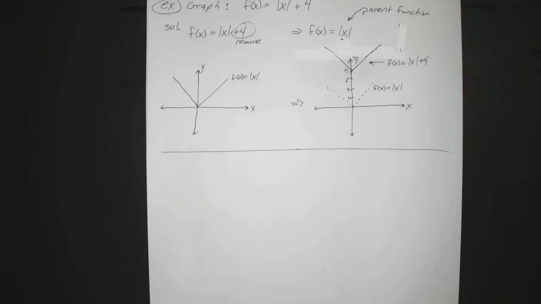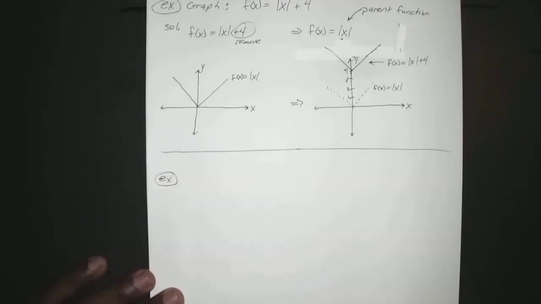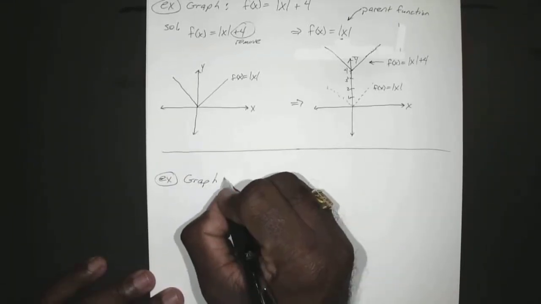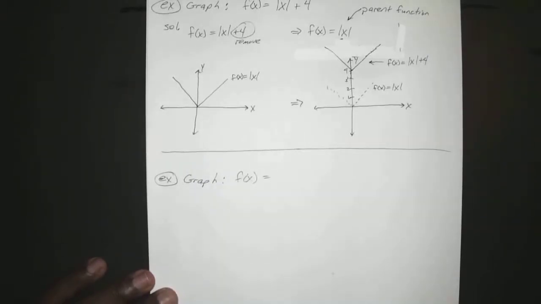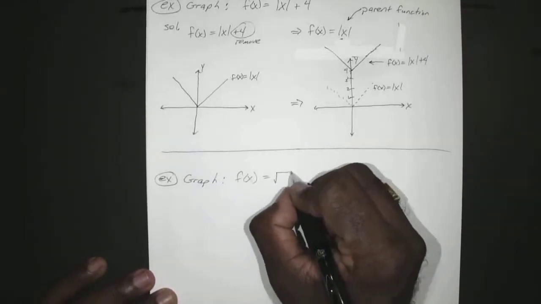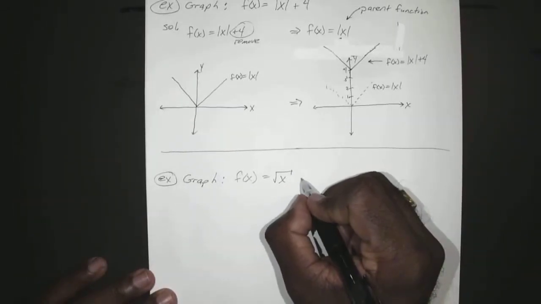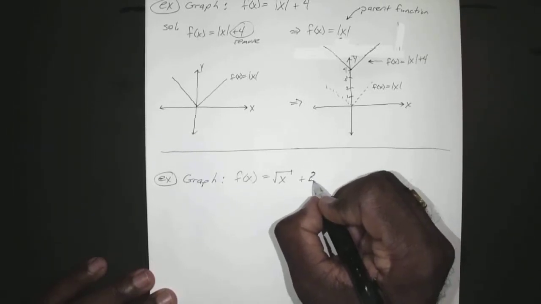Okay, so I'll do one more. So let's say we wanted to graph f of x equals square root of x, plus, I'll pick it and say plus 2.